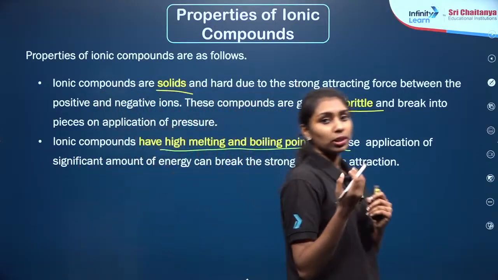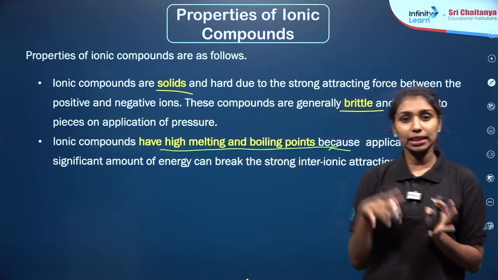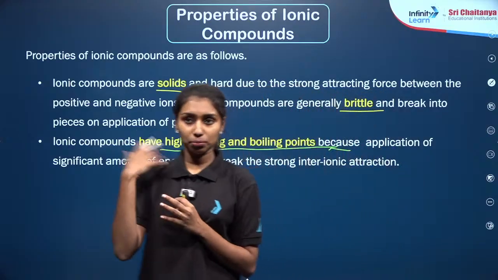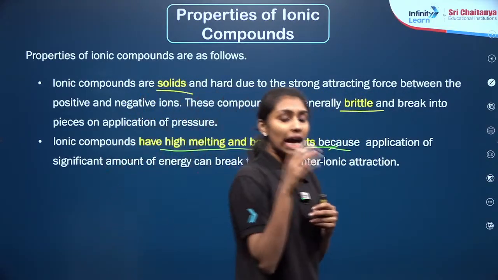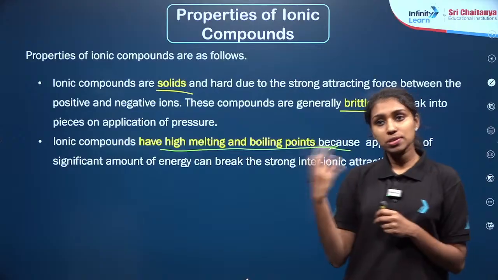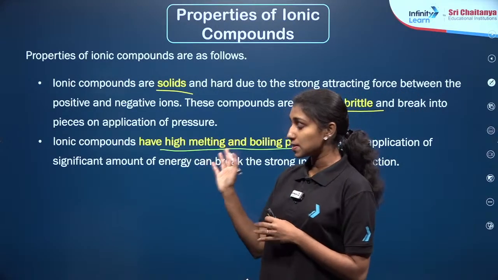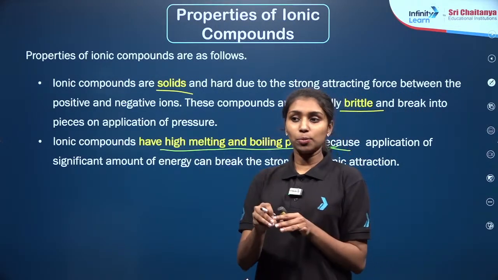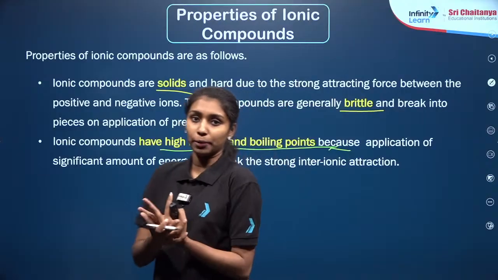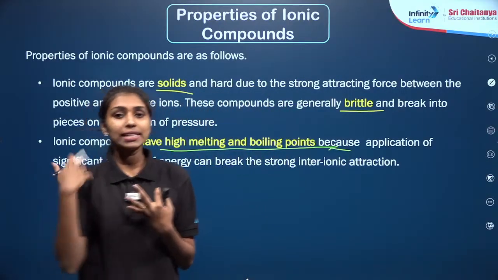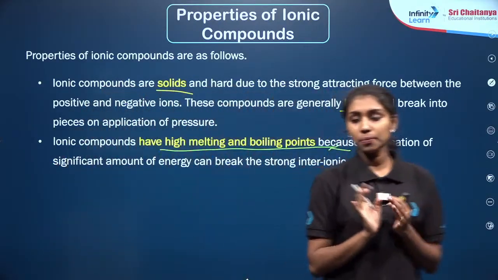When we discuss the chemical bonding chapter, we will get more idea about that. If you compare the ionic bond and the covalent bond, the ionic bond is stronger than the covalent bond. So because of the presence of ionic bonds in ionic compounds, they have high melting and boiling points. We need more temperature and more energy to break those bonds. Clear?